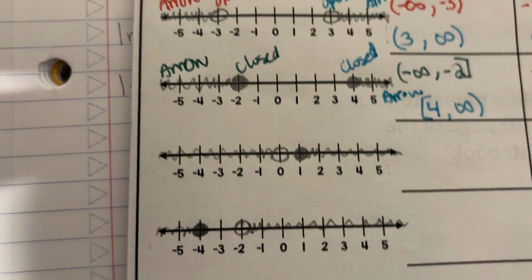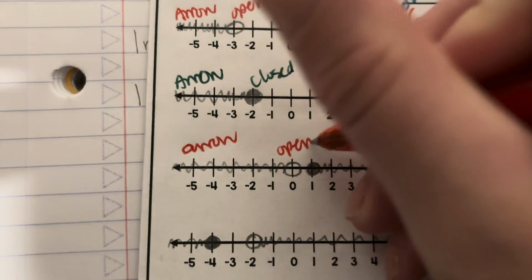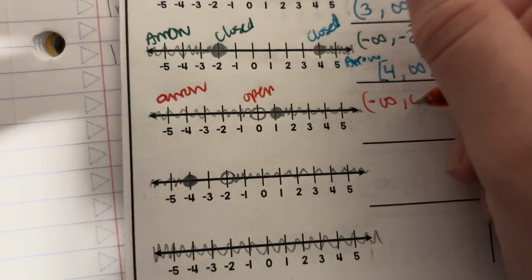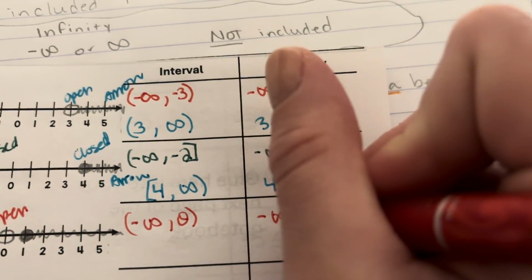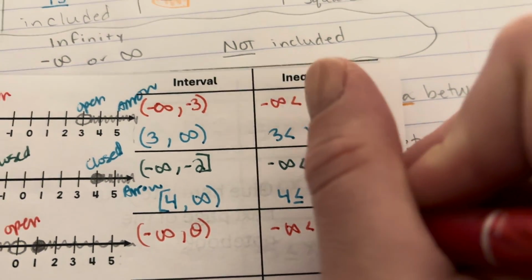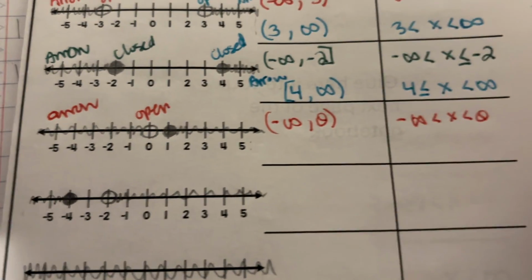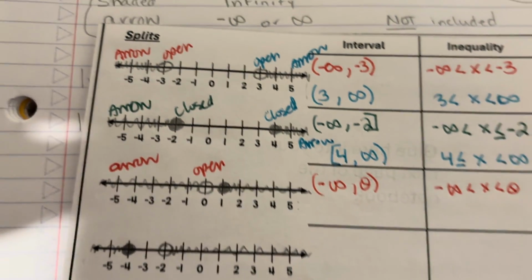All right, next, we have an arrow and we have an open dot. So I got negative infinity to 0 with an open dot. Repeat that process over here, but this time we are using our inequalities. So we have just less than symbols or just the mouths, depending on how you want to talk about it.